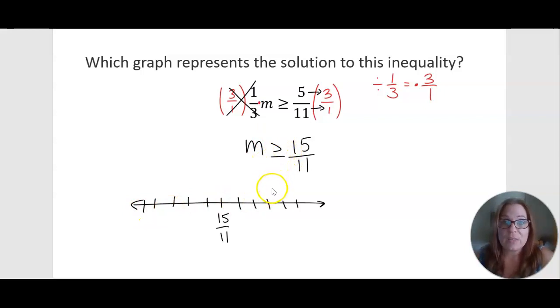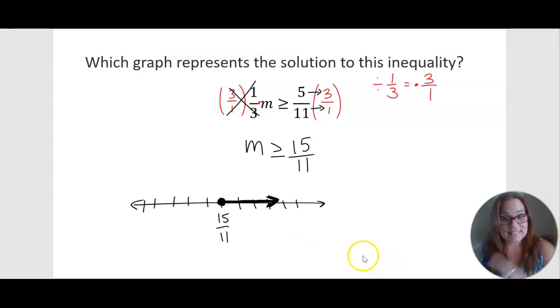It is greater than or equal to, so I need to include the number, which means shade that dot in because it's equal. It could be equal to 15/11ths. And the numbers that are greater than or equal to are on the right. So this time I'm going to shade this way.